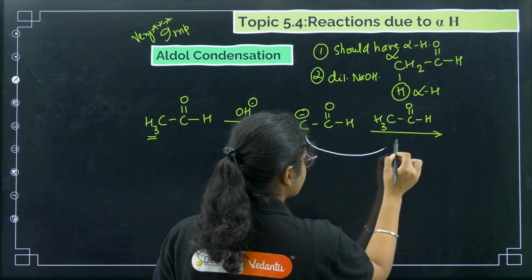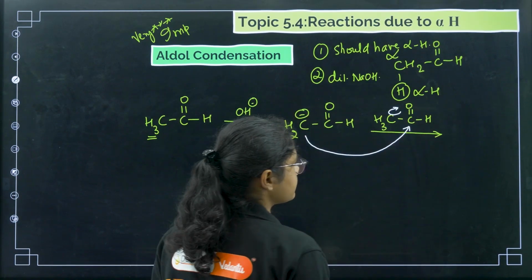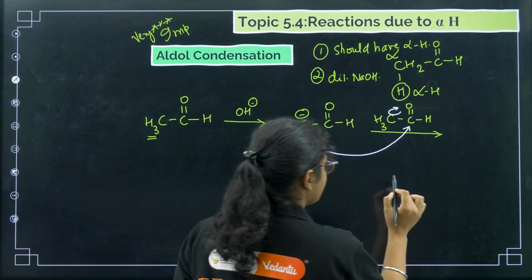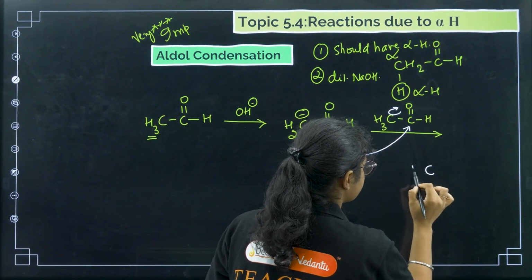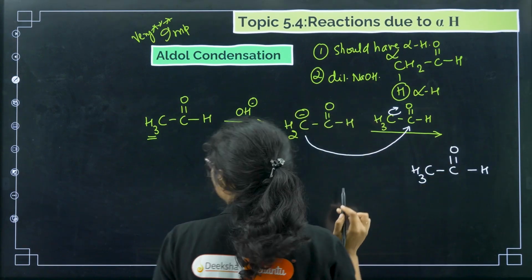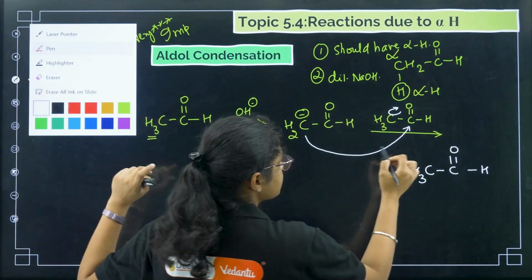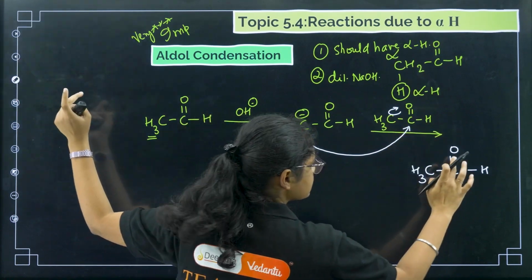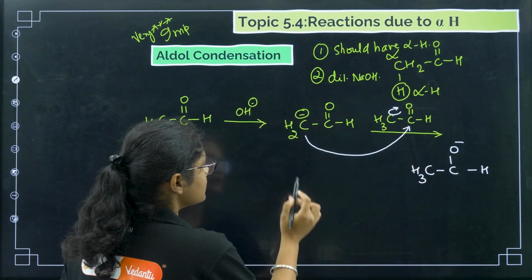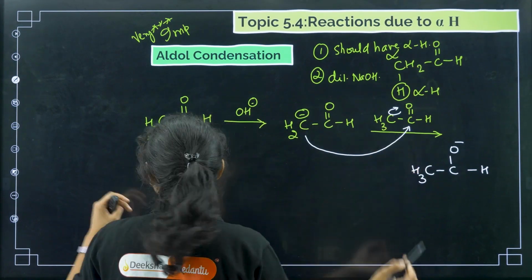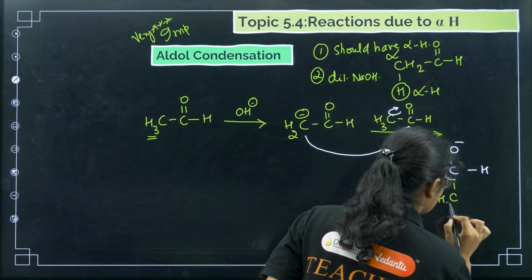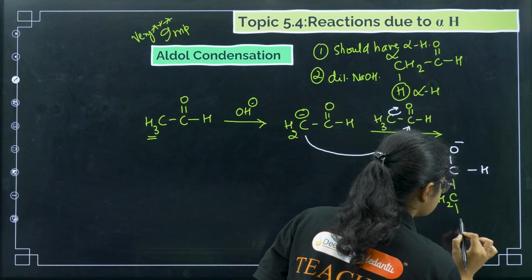This one will attack the carbonyl carbon, and the double bond moves to oxygen, giving O⁻. This CH2 group has attacked here, so we get CH2 and then COH.